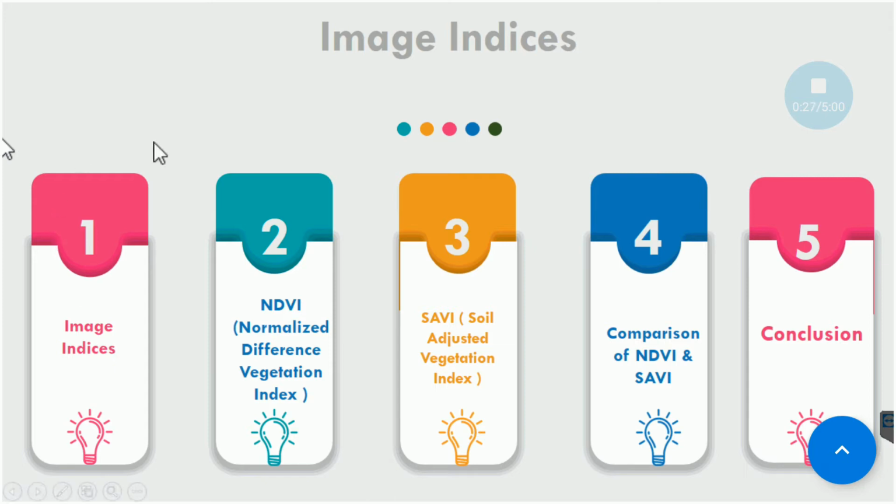And using the information of maximum and minimum reflectance of a particular feature in a particular band, we create indices. Like for vegetation, we created NDVI, in which we saw that it gives maximum reflection in NIR and minimum in red. And then we formulated a formula for NDVI: near infrared minus red divided by near infrared plus red.